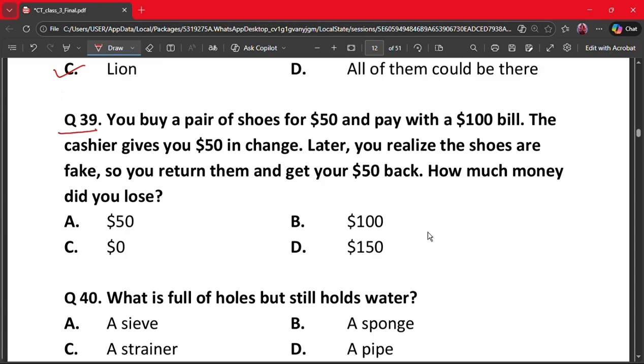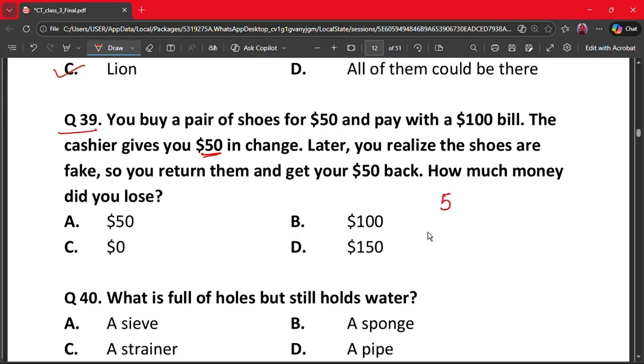Question 39. You buy a pair of shoes for $50 and pay with a $100 bill. The cashier gives you $50 change in return. Later you realize the shoes are fake, so you return them and get your $50 back. How much money did you lose? A. $50, B. $100, C. $0 and D. $150.